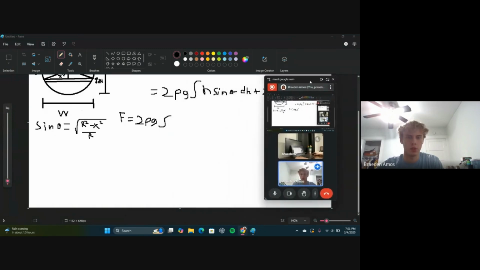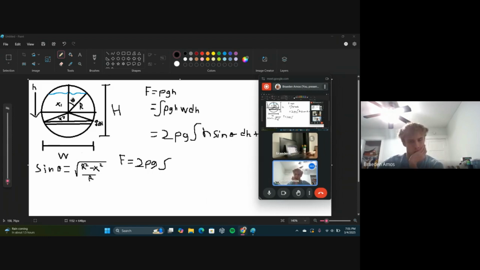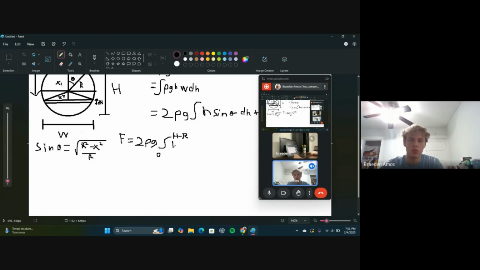And now we can start to put in our limits, and this one is going to be from 0 to big H minus R, of h times the square root of R squared minus (H minus little h minus R) squared, in terms of dH.